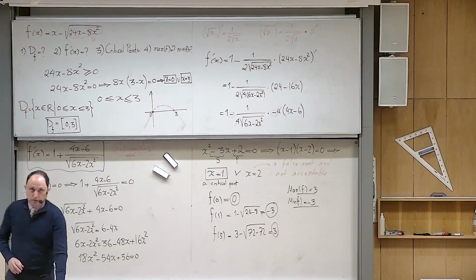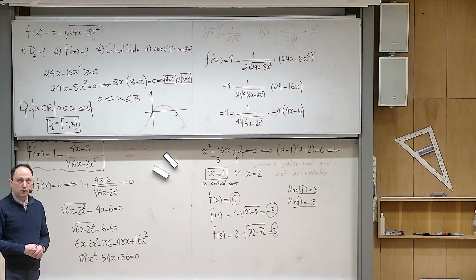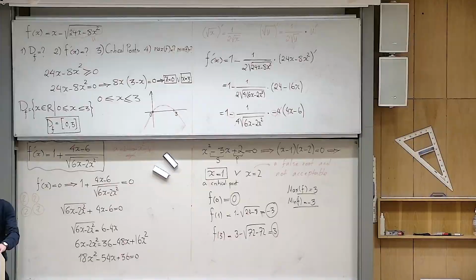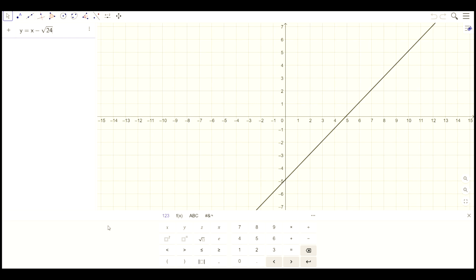Of course, the problem is finished here, but it might be a good idea if we can just draw the graph and have a better sense of it, okay? So I put this function in, so it's y equals x minus a square root of 24x minus 8x to the power of 2.